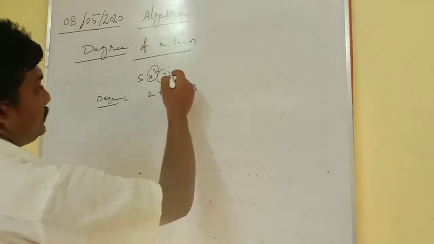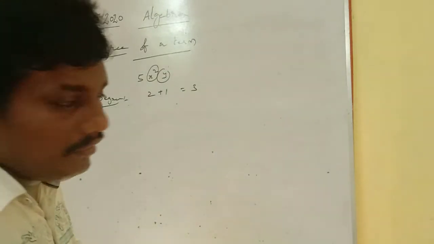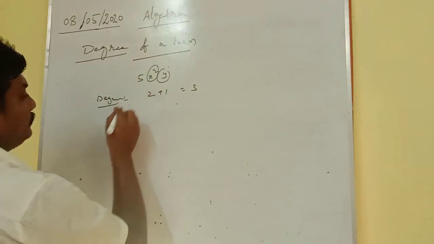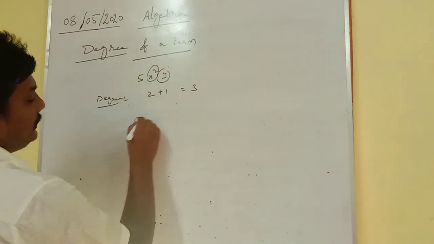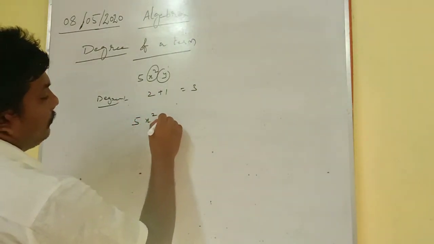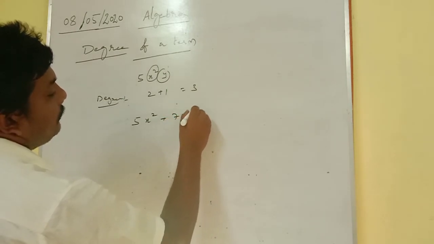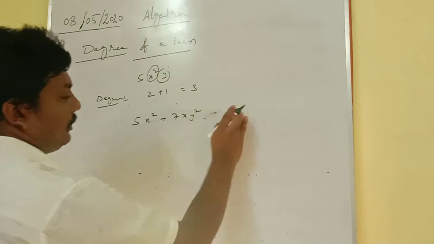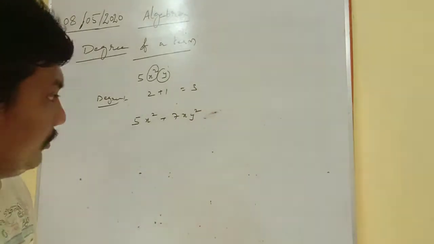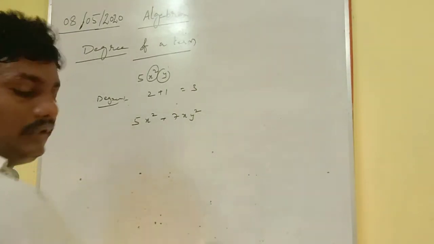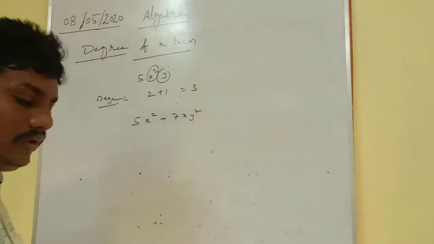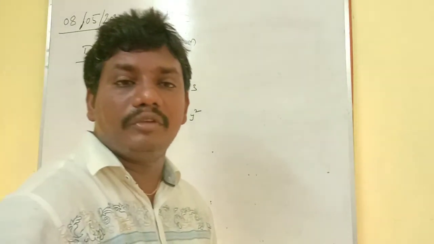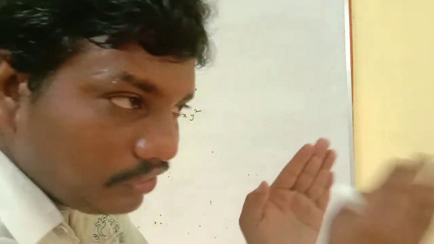That is for a monomial. Whereas for a binomial, how can we decide the degree? Consider the binomial 5x square plus 7xy square. Before finding the degree of the binomial, we have to split the binomial into two monomials.